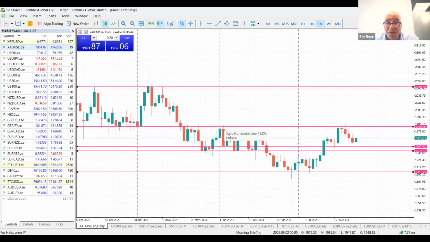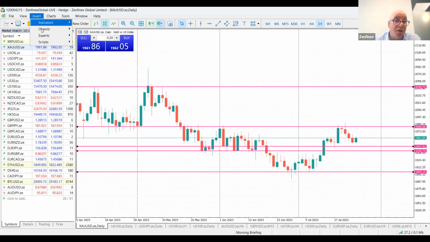We've marked up these levels here where price could interact. We've drawn this little region here. In fact, I might just block that so we can see it slightly differently and say, look, it's a slightly wider level of support here.